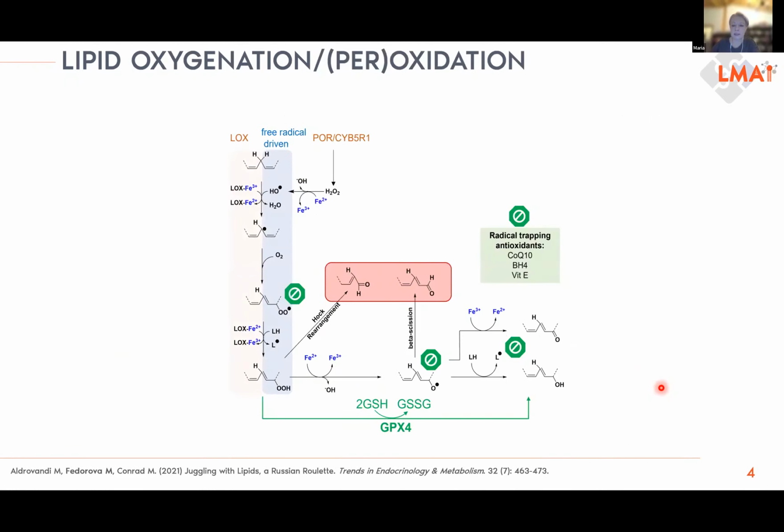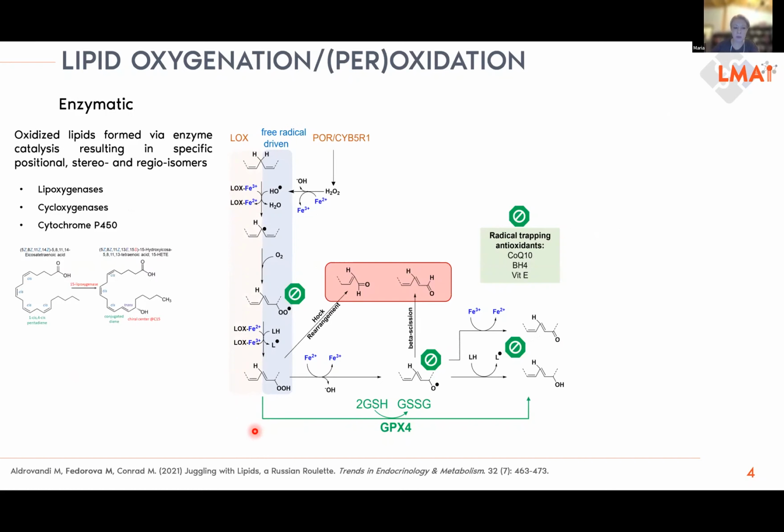So in the example of oxysterols, you could see that this modification, and especially oxidation, which I am particularly interested in, can happen in different ways. That can happen enzymatically, for instance, via the action of lipoxygenases, and you could see here the pathway, or it can happen by the action of free radical-driven reactions. But one way or another, the formation of the products might be pretty similar.